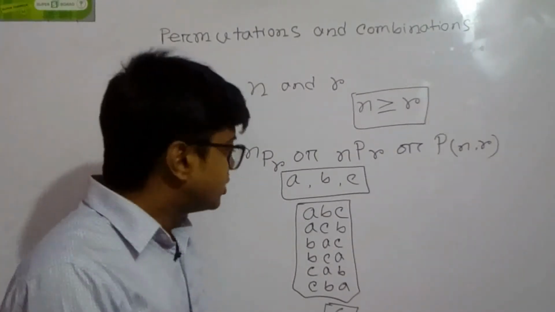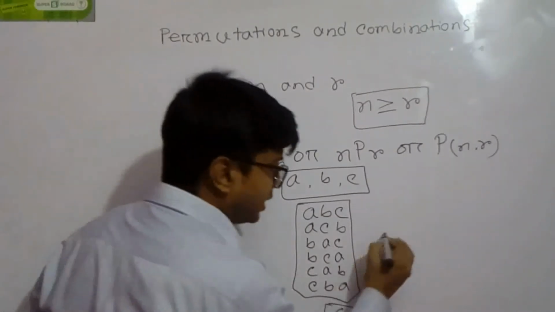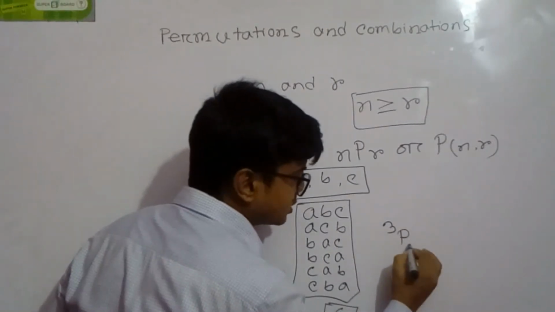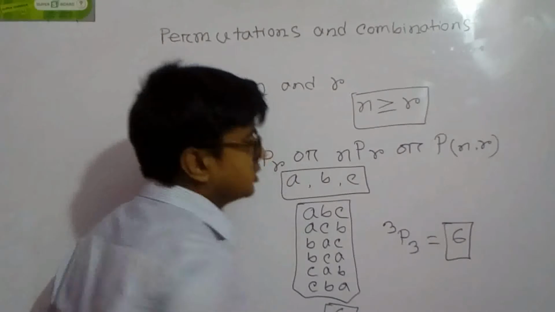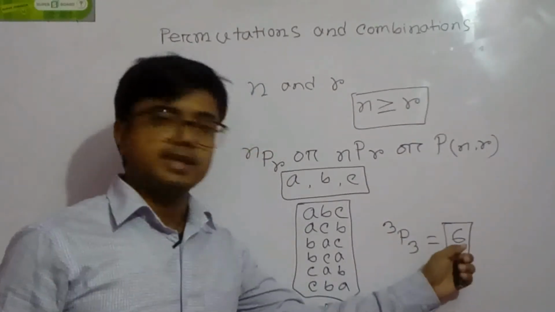If we take 3 out of 3, that means 3P3, it will be 6. So our answer is 6.